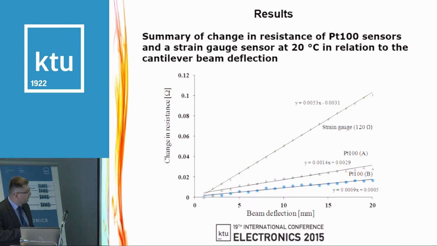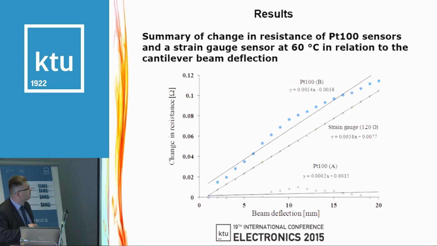As you can see, the deflection influence is maybe 4 times smaller than for a strain gauge sensor, which is constructed for measuring strain. For a bigger temperature, 60 degrees, you can see that the effect of resistance changing is quite the same as for the strain gauge sensor.